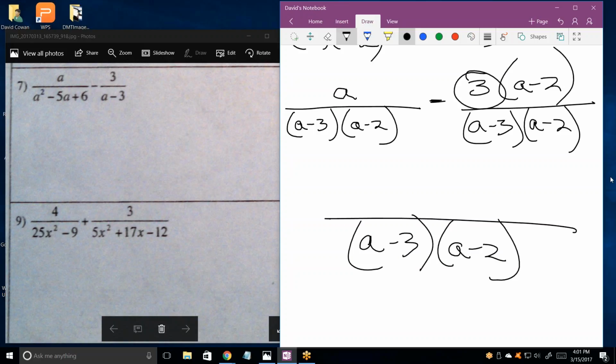Yeah, so it's 3a minus 6. Hold on, we got 1a over here, minus 3a, so that gives us minus 2a. So it would be 2a minus 6. It's not minus 6, it's plus 6. Because that minus sign times that minus sign becomes a plus.